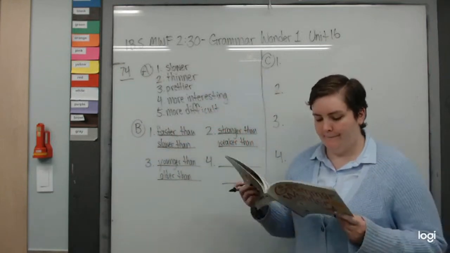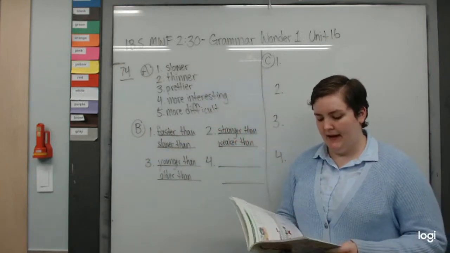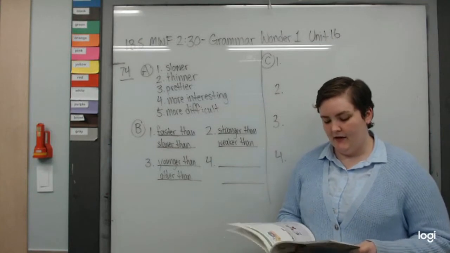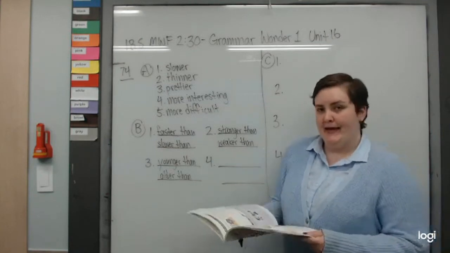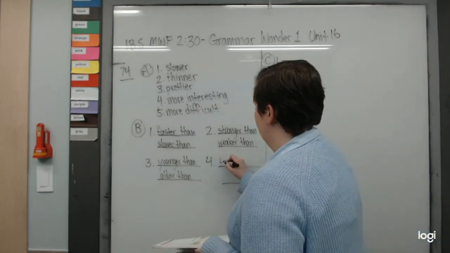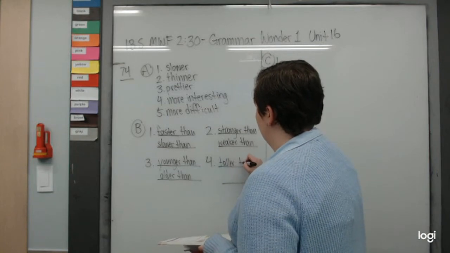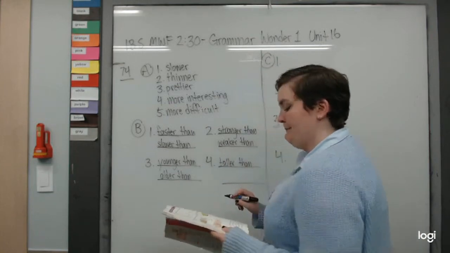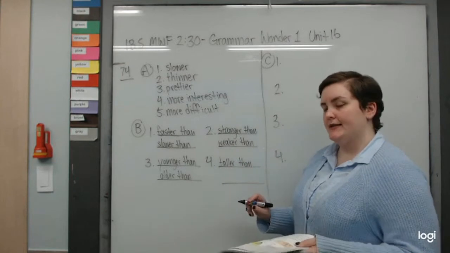Number 4, look at Ted and Ben. Ted is taller than Ben. And Ben is shorter than Ted.